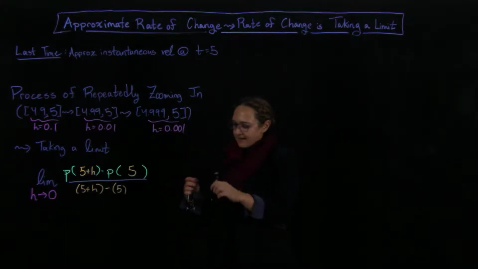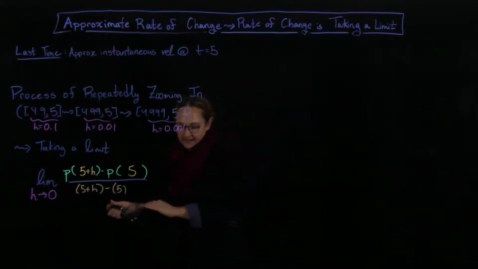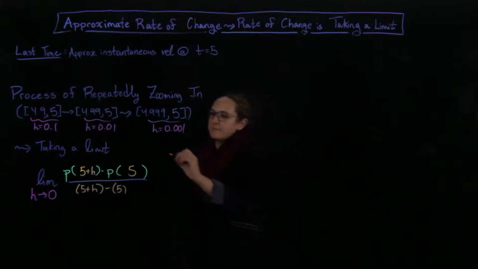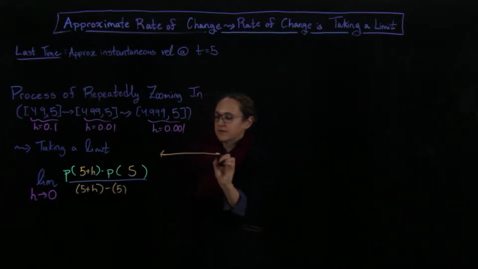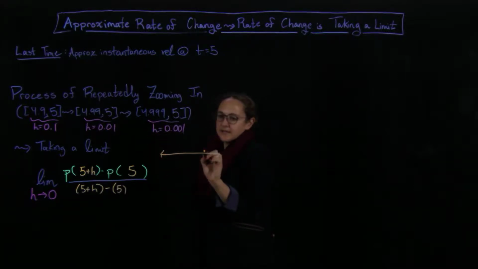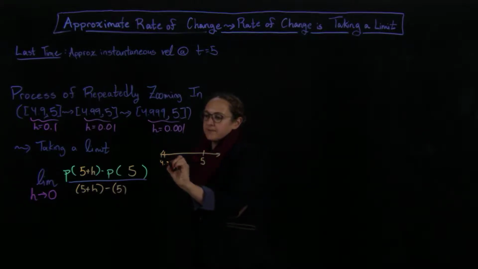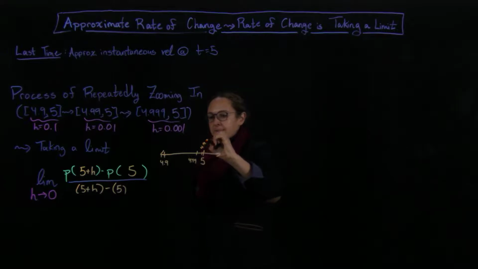Before I write this in a slightly reduced form, let's picture this on the number line. I could be taking 5, and maybe 4.9 is here, and 4.99 is already so much closer, and 4.999 is even closer yet.